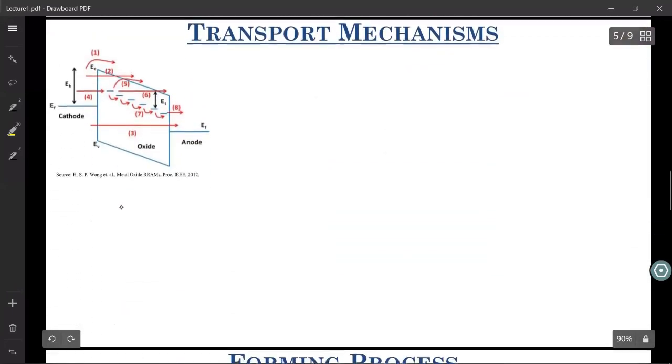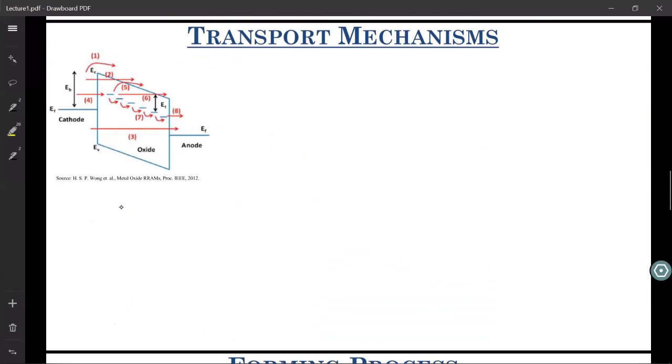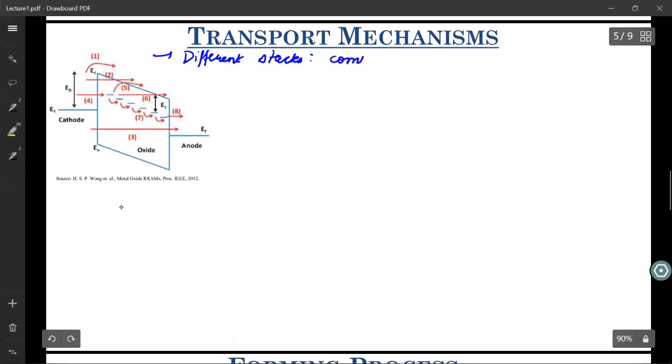There is no universally accepted transport mechanism, and this is also debated. The reason behind this is your different stacks. So what do I mean by stack? One stack is a different combination of electrodes and oxide materials.